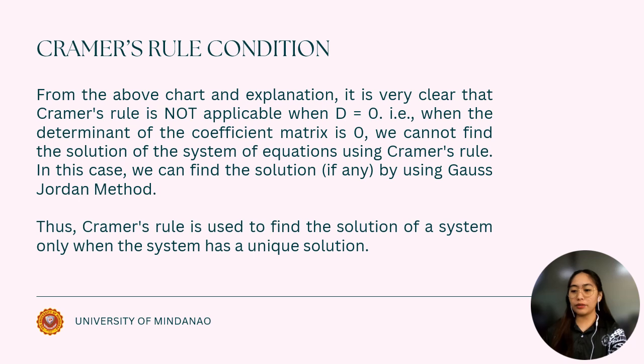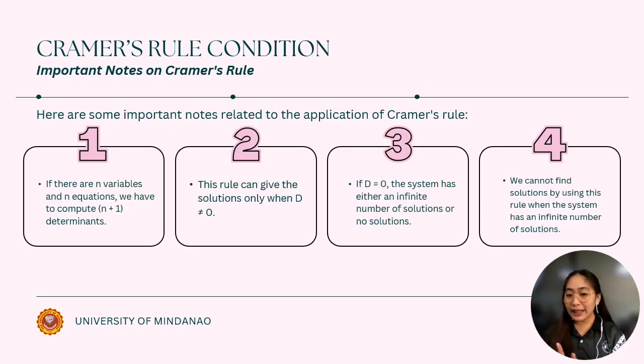So from the previously shown chart and explanation, it is very clear that Cramer's rule is not applicable when D is equal to 0. We cannot find the solution of the system of equations using Cramer's rule if that's the case. In this case, we can find the solution using the Gauss-Jordan method. So again, Cramer's rule is used to find the solution of a system only when the system has a unique solution, only if D is not equal to 0.